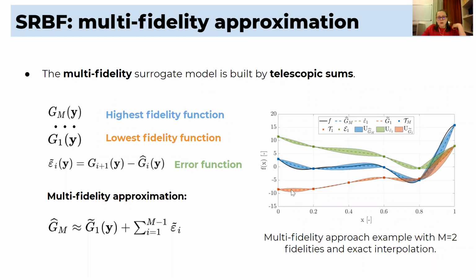And then we basically correct the first approximation, the orange one, by a surrogate model constructed on the error between the next approximation, so between the model I have and the training set. So the orange is corrected with the green to get the blue approximation. Basically, that's what it's written here, and this is just a telescopic sum.